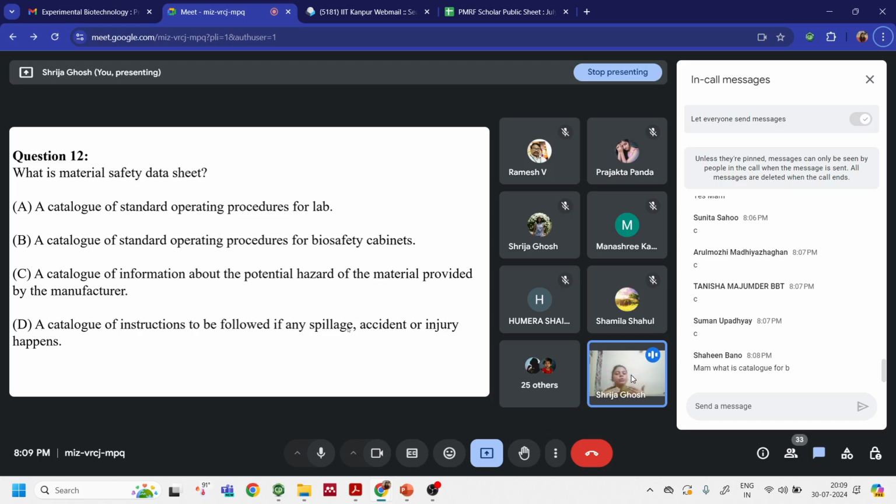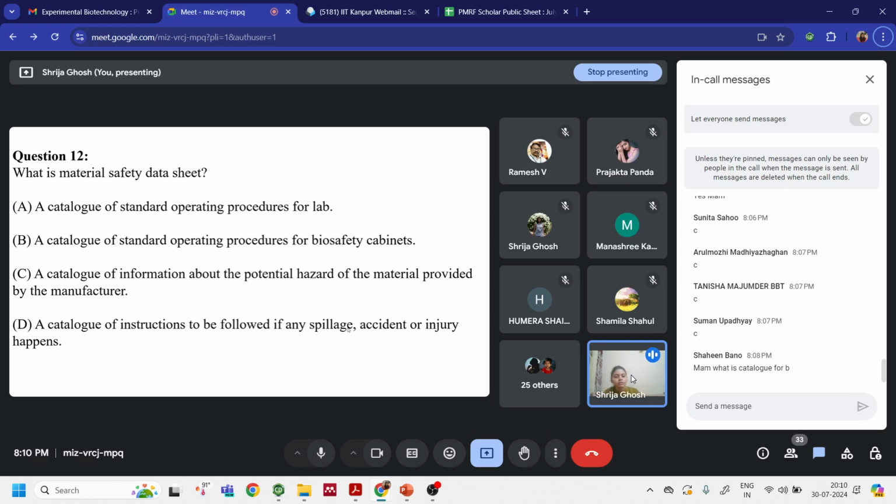Starting from how to enter the lab, you will have a SOP for that. How to wear your personal protective equipment, the PPE kits, you will have a SOP for that. How to use a particular instrument will have a separate SOP.